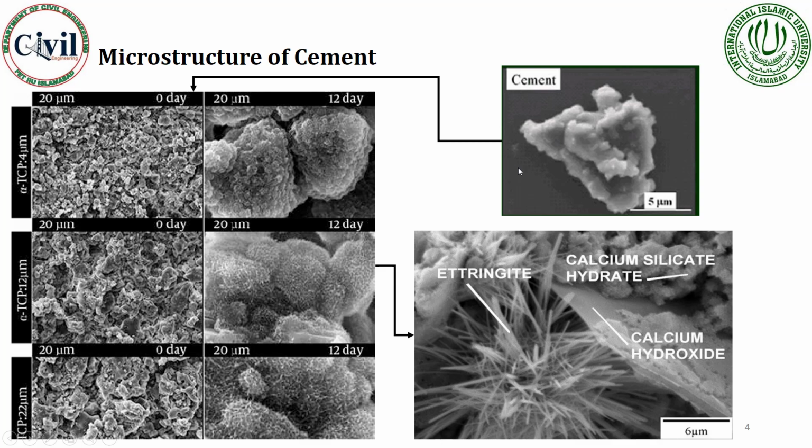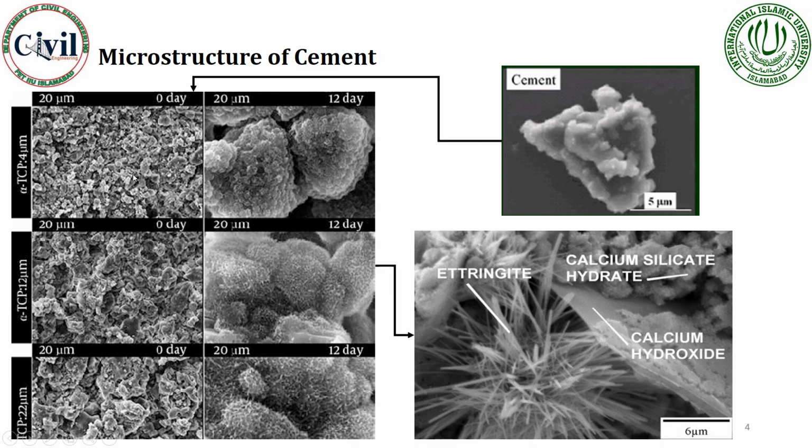The formation of hydrates begins after the water is added. So if you add the water over here at 0 days, you will have the microstructure like this. After 12 days, with the same magnification, you can see that the particle size is much higher than this one.